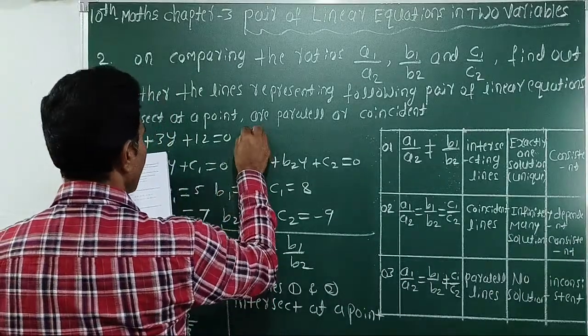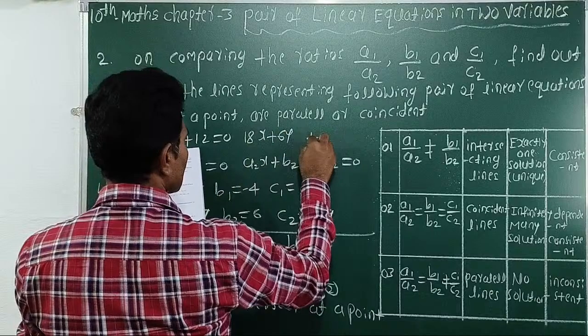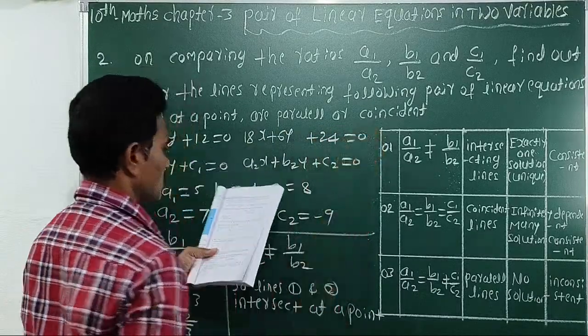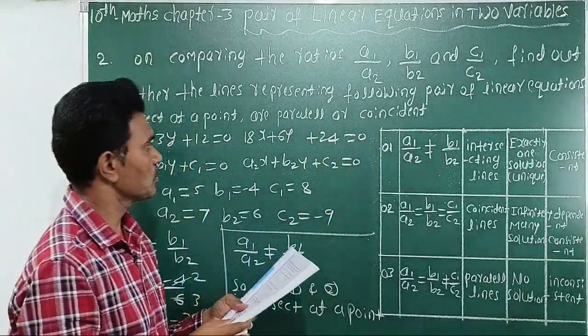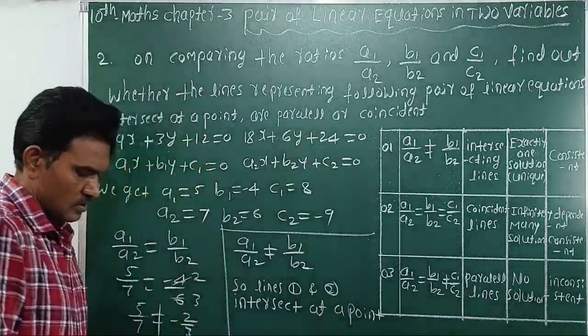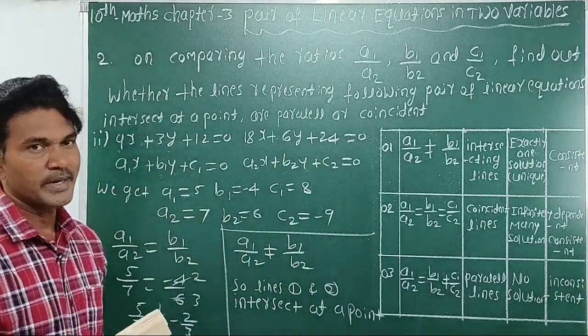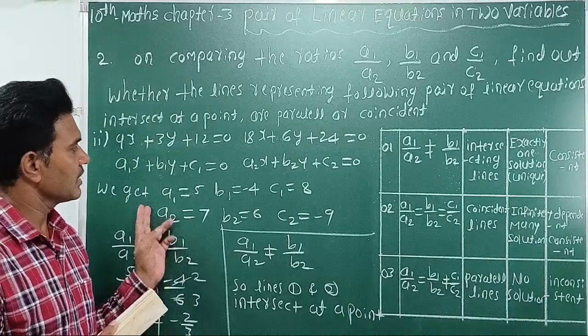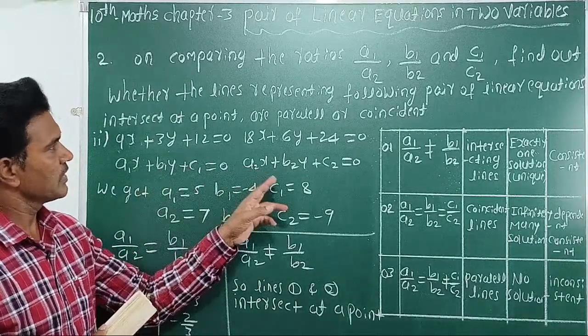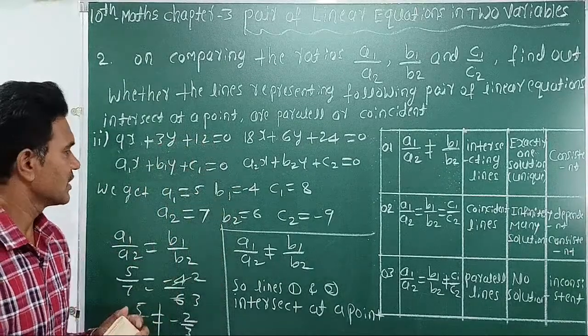Second equation, 18x plus 6y plus 24 is equal to 0. Find out whether the lines representing this pair of linear equations intersect at a point, or are parallel, or coincident.